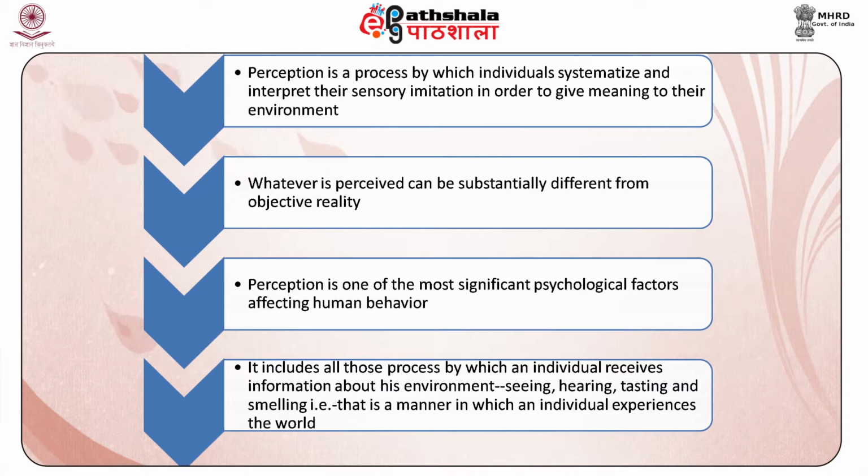It includes all those processes by which an individual receives information about his environment: seeing, hearing, tasting and smelling, that is, it is a manner in which an individual experiences. People differ in their reactions due to a difference in their perception.